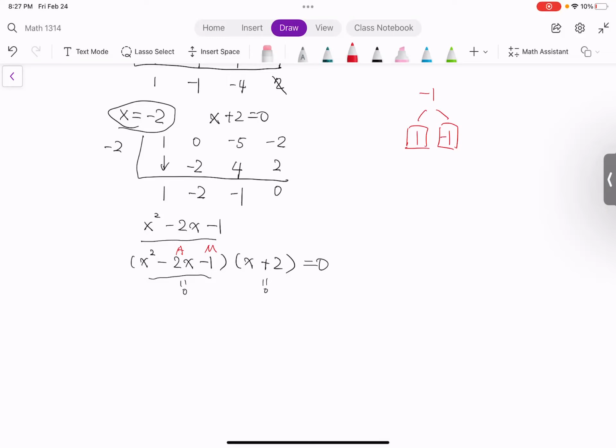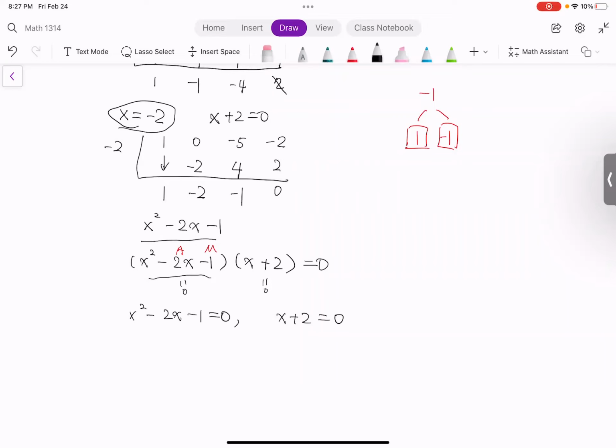That means I should use the quadratic formula to solve the first factor, x squared minus 2x minus 1 equals 0. And x plus 2 equals 0.